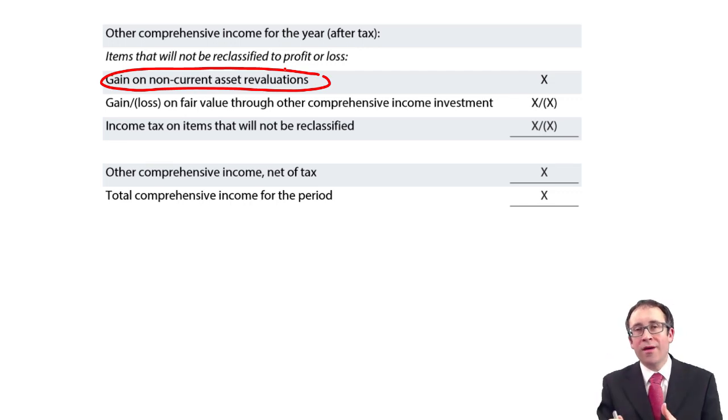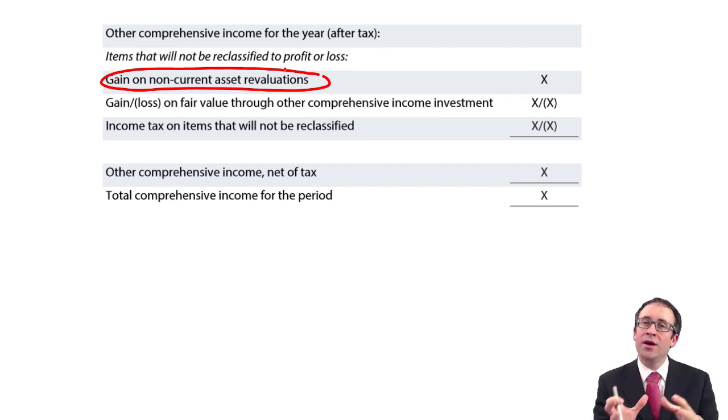Now, the key bit here in terms of deferred tax is that the tax authorities ignore the revaluation. The tax authorities don't take account of any increase in value until it comes to the final disposal of that item of property, plant and equipment. But that just causes us an issue from an accounting perspective, because that brings in deferred tax.